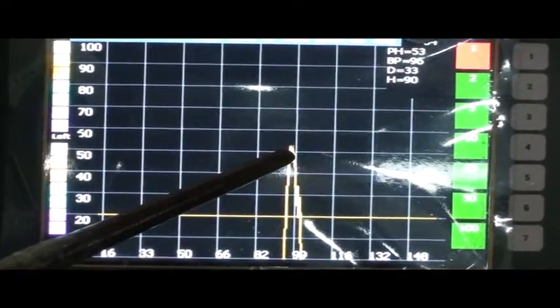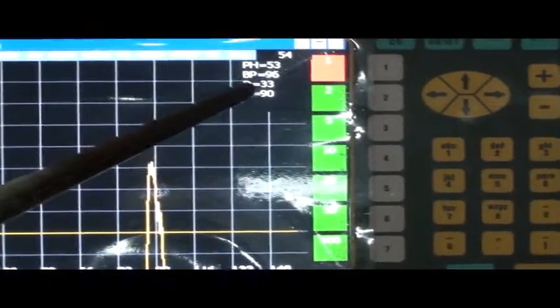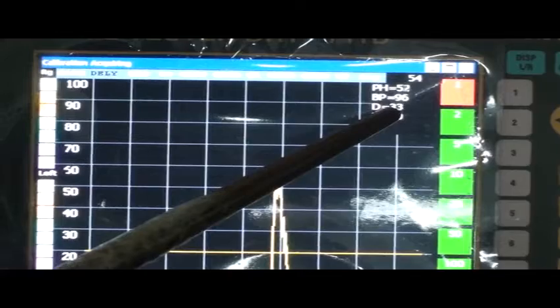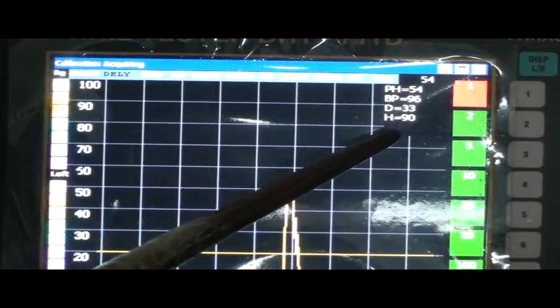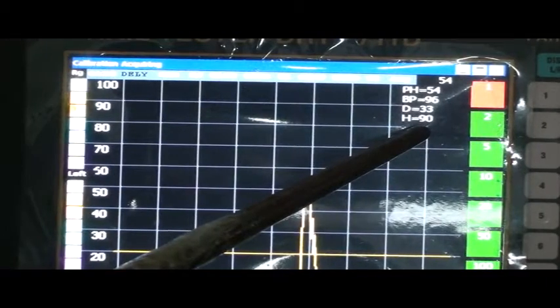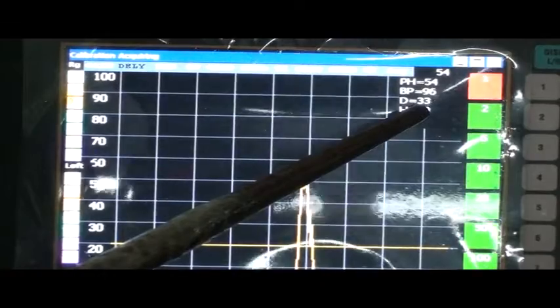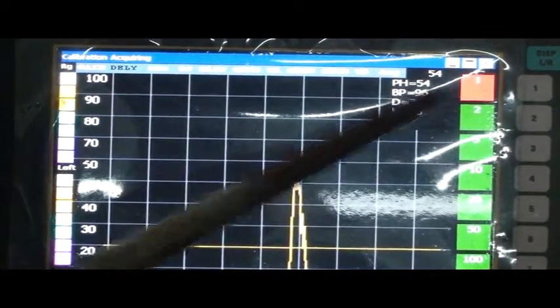This is the peak height, and this is the beam path. We have to see only the beam path, because our beam path is fixed. This is the radius, so it is 100. For the calibration of 70 degree, we have to make this beam path exactly 100 when the height of the echo is maximum.